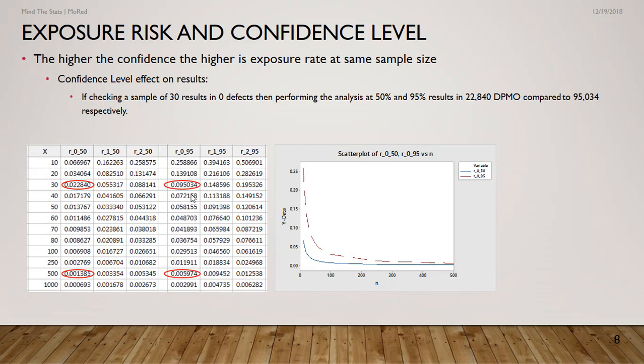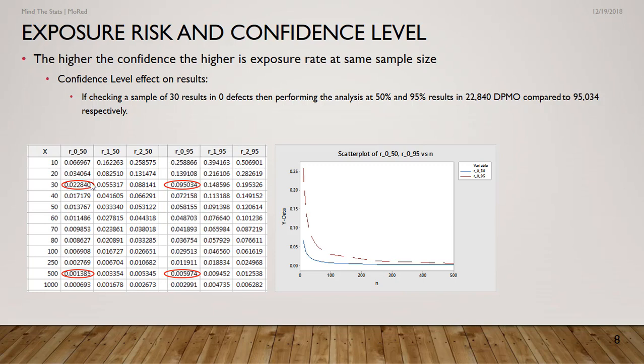We're going to look at the same data, but differently now. We look at the effect of confidence level, 50 versus 95. These 3 columns here are for 50% confidence level. This is for 95% confidence level.